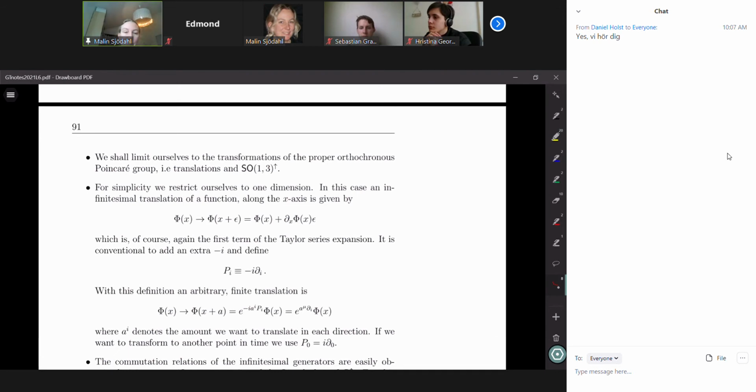Now, since we are physicists and we like to insert the little i's and use Hermitian operators, we do that as well in this case.